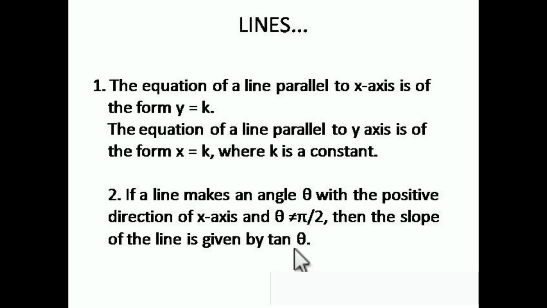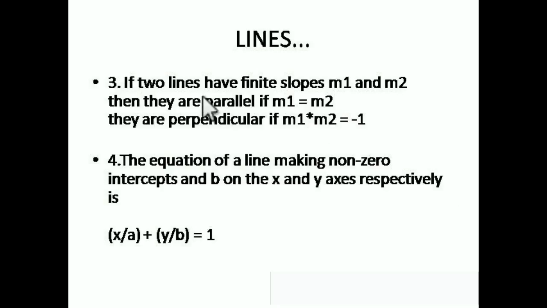Okay, in the previous video lecture, in one of the numericals we solved, I told you this thing. If two lines are given with finite slopes m1 and m2, then if the lines are parallel, the slopes m1 and m2 must be equal, and if the lines are perpendicular, then m1 into m2 is equal to -1.